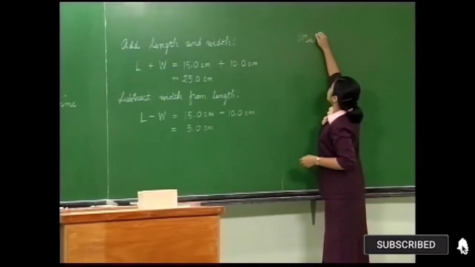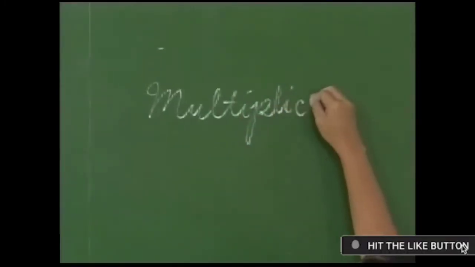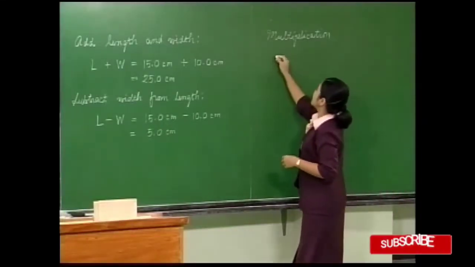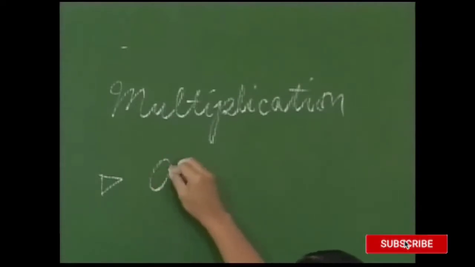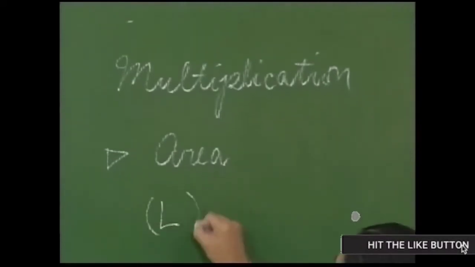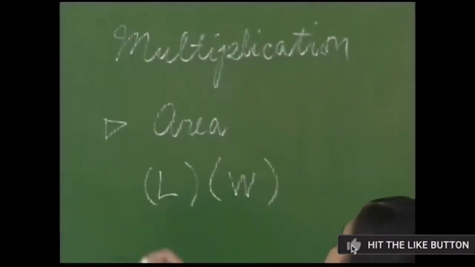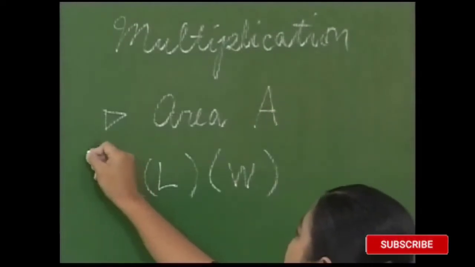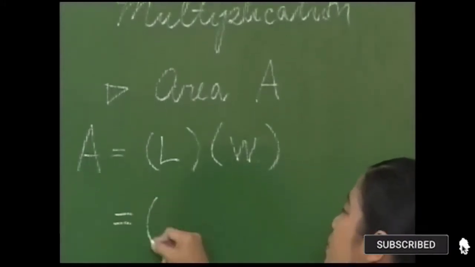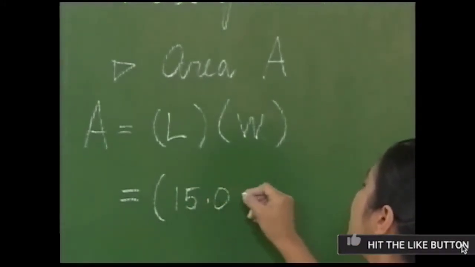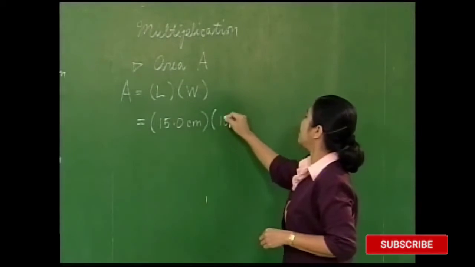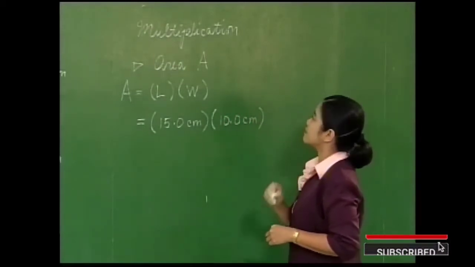For multiplication, we can, for example, look at area and volume. Let's look at area. You can have length times width. This is area A. So A is equal to length times width, and this is equal to 15.0 centimeters times the width, which is 10.0 centimeters.